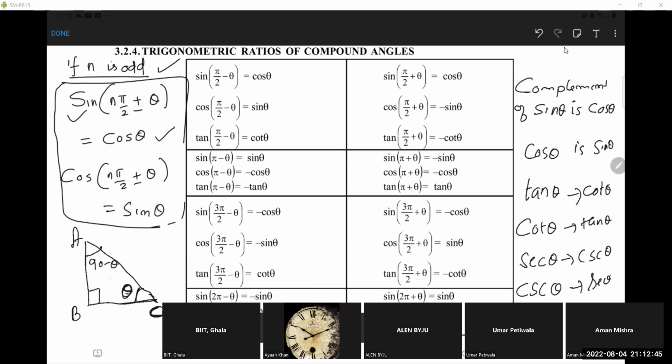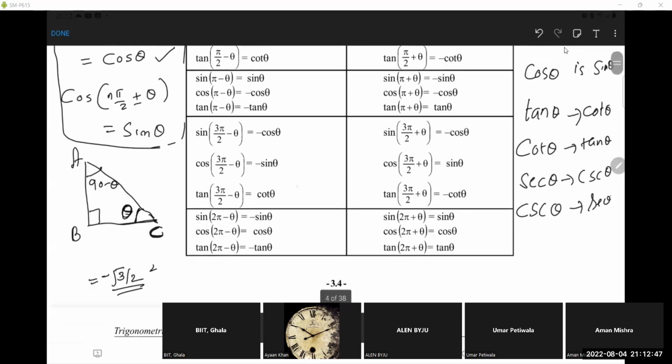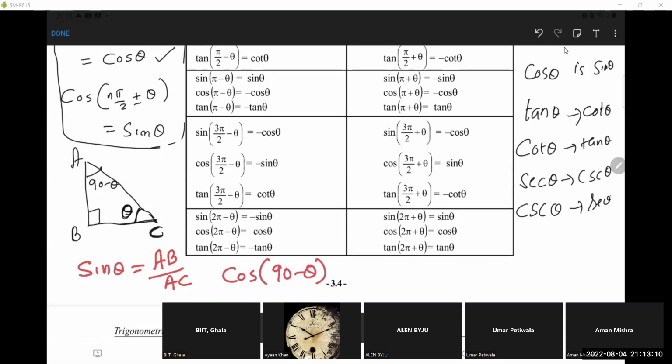Now we find what we are getting for cos and sine. What is sine theta? Sine theta will be opposite side by hypotenuse. Opposite side is AB, hypotenuse is AC. Now I find cos 90 minus theta from the triangle. 90 minus theta is here.